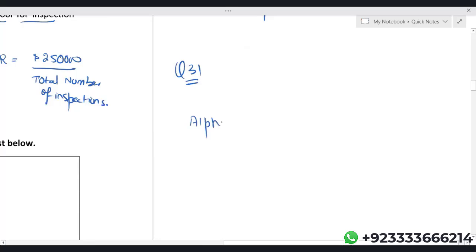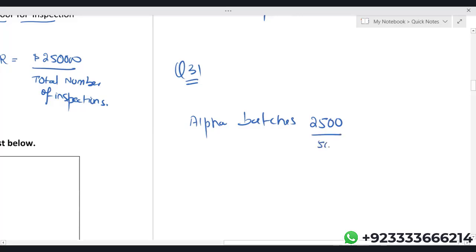Alpha batches. Total number of units, alpha is having 2,500. But again, the manufacturing is not on per unit basis. It is on per batch basis, and one batch is having 500 units.